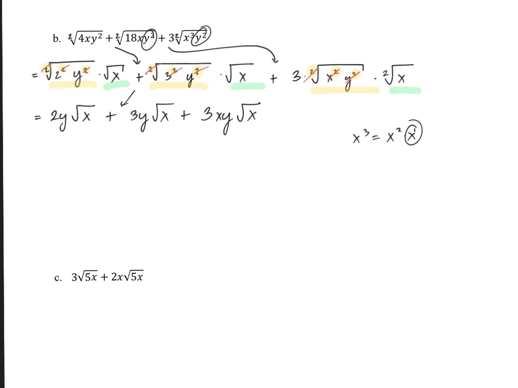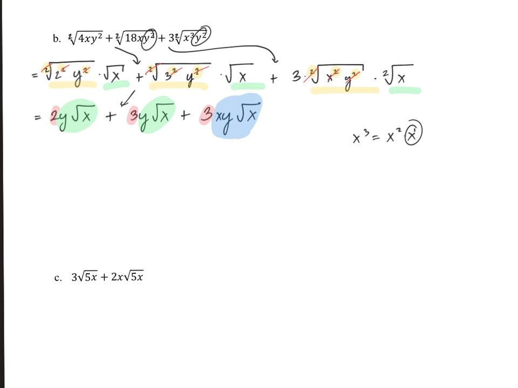Alright. Now you might be tempted to go ahead and add these all up real quick, but let's take a careful look, make sure they're all like terms. I have 2y square root of x plus 3y square root of x, looking good so far, plus 3xy square root of x.